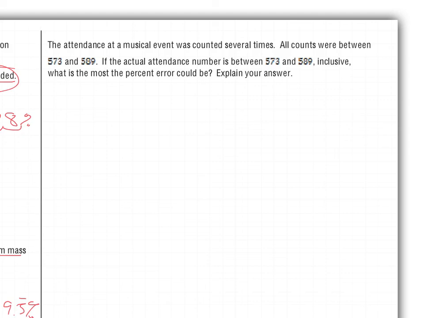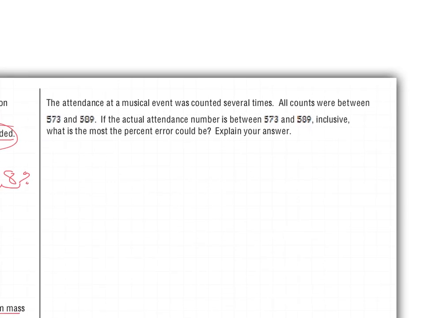Turn and talk with your partner. What is the most you could be off if you know for a fact, at the very least, that it's between these two numbers? So looking at this, we want to think through this, and the worst case scenario is that I know it's between these two things, and I guess that it's 589, and the actual is 573.